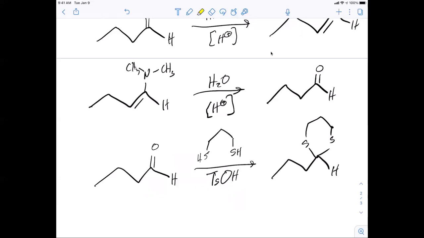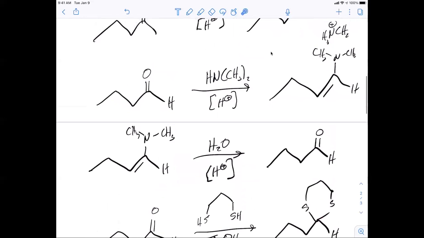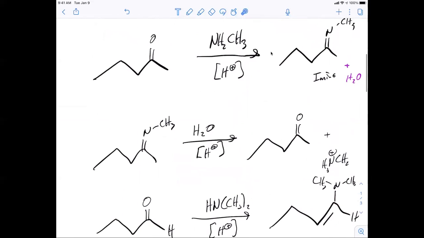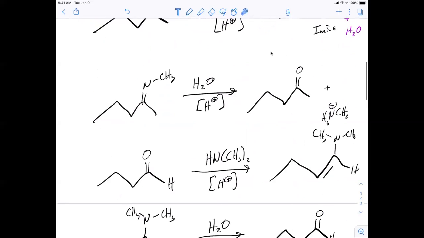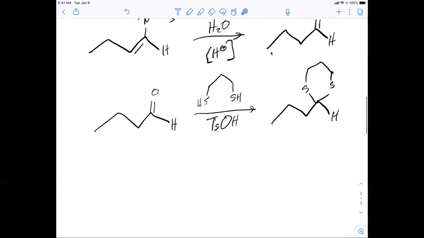Okay. And now what is the carbon that I want to watch for if I was going to reverse this? Well, it's the one where my 2 sulfurs are attached. Up here on the enamine, it's where the nitrogen was attached. Up here on the imine, it's where the nitrogen was double bonded. On the acetal, it's where the 2 oxygens are, right? So when you have 2 bonds to a more electronegative atom, that's where I'm going to put my acid.